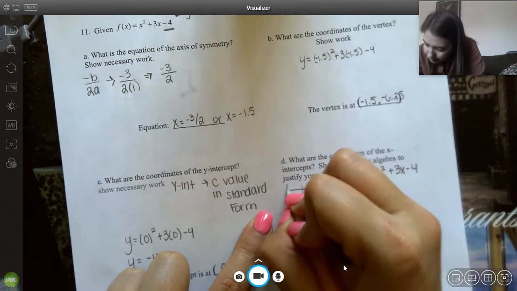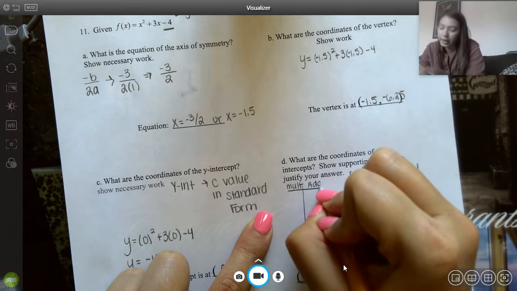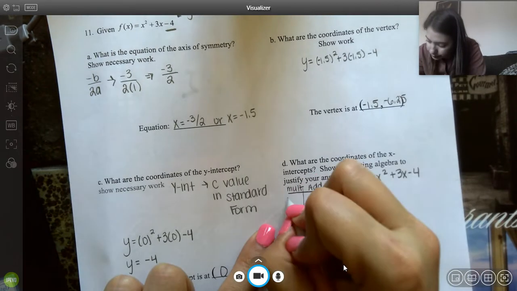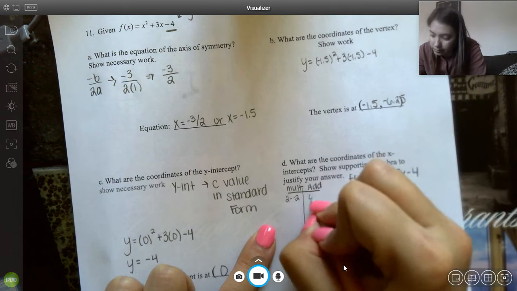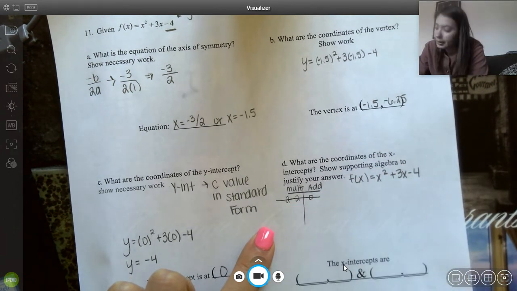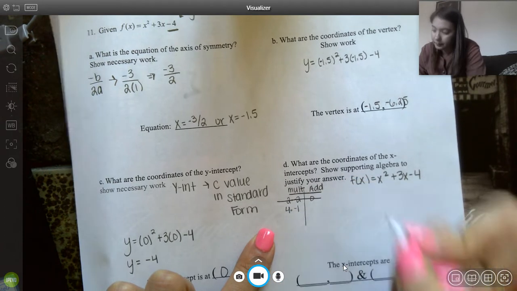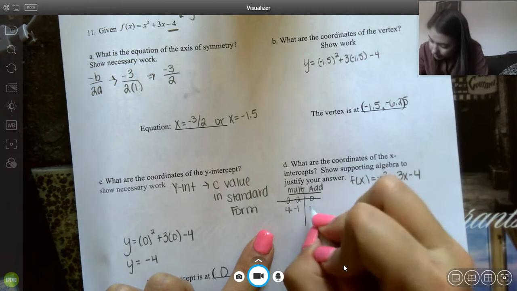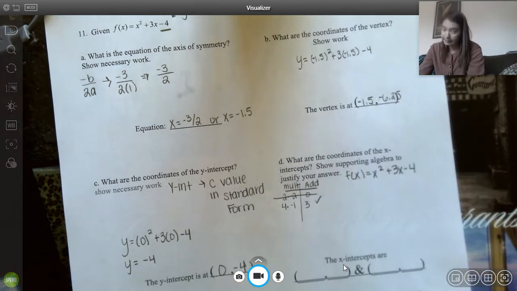So multiply, add. Okay? Well, a couple things that come to mind are 2 and 2, maybe 2 and negative 2. Well, when you add those together, you get 0. So that doesn't work. What about 4 and negative 1? When you multiply that together, you get negative 4. When you add that together, you get positive 3. So that works.